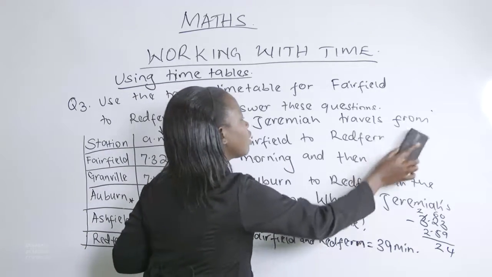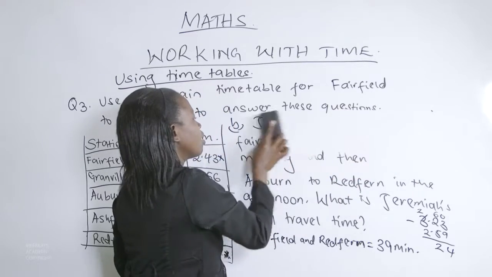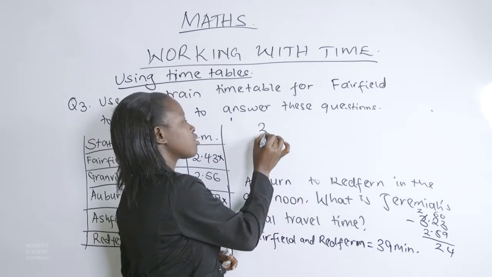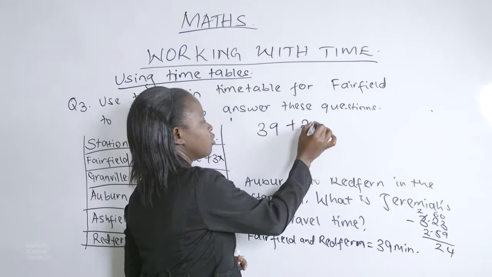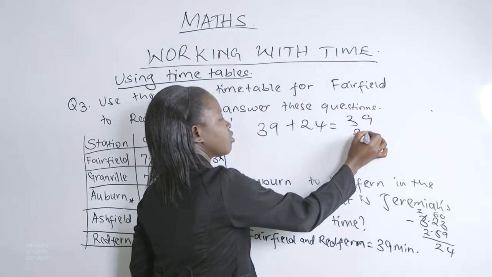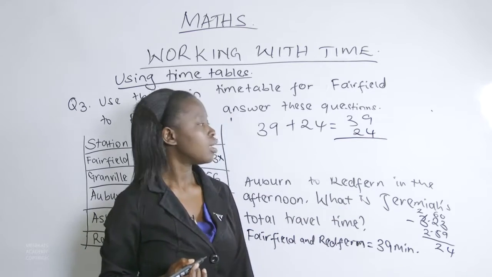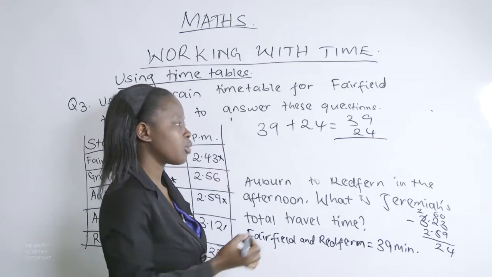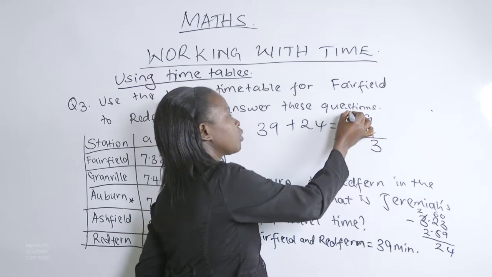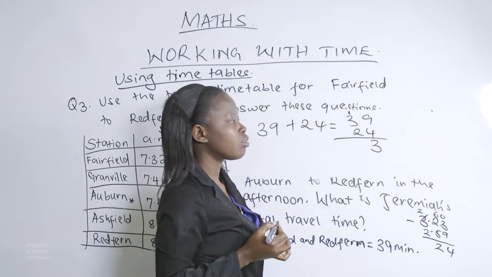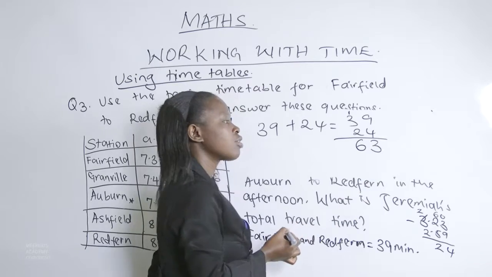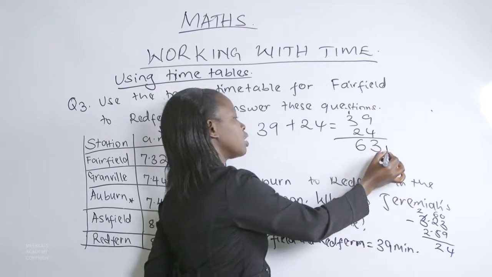So the total time taken by Jeremiah will be 39 minutes plus 24 minutes. 9 plus 4, we have 13, write 3, carry 1. Then 1 plus 3 is 4, 4 plus 2 is 6. So we have 63 minutes.